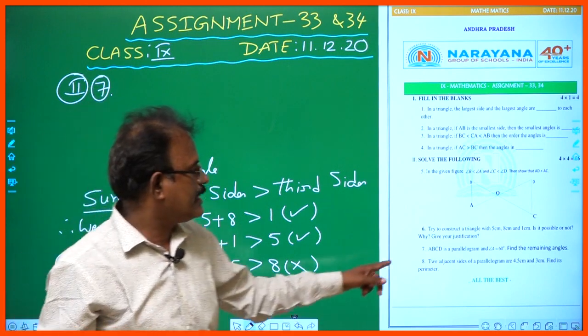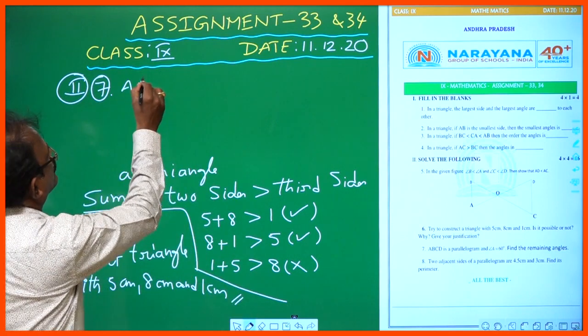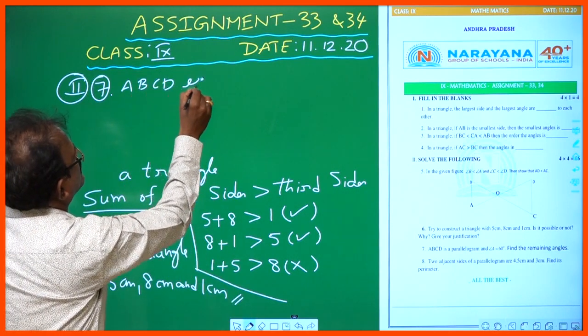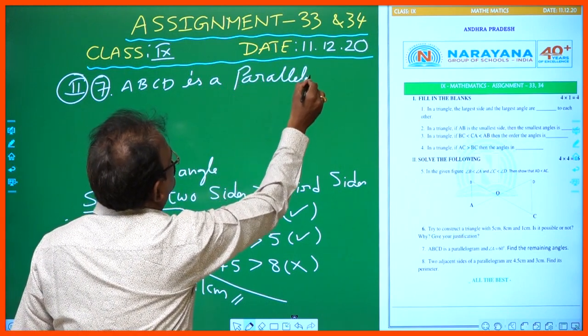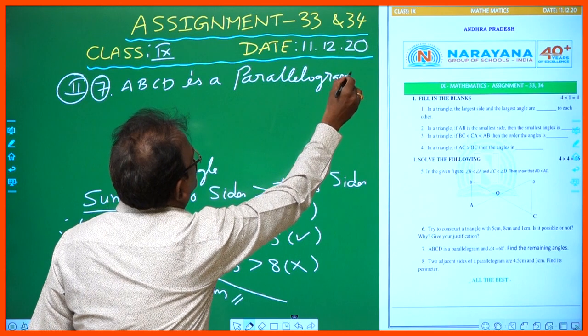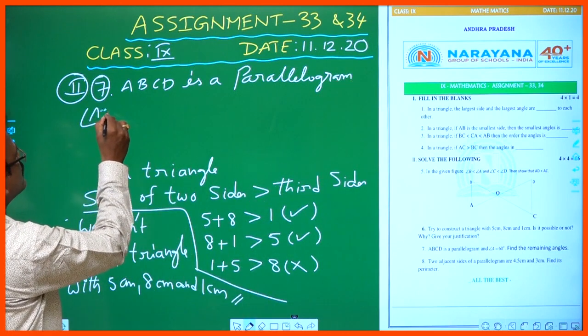Question number 7. ABCD is a parallelogram in which angle A is equal to 60 degrees.